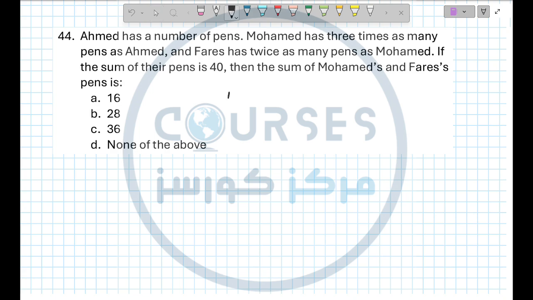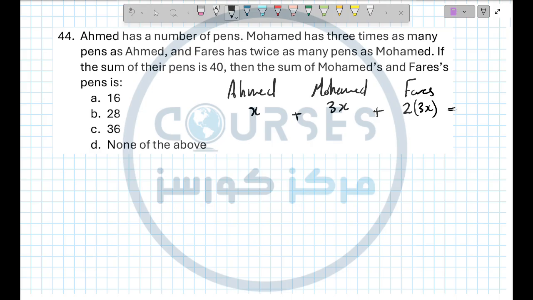Ahmed has x, Muhammad has 3 times as Ahmed, so 3x. Faris has twice as many as Muhammad, so 2 times 3x. All of this is equal to the sum, which is 40.